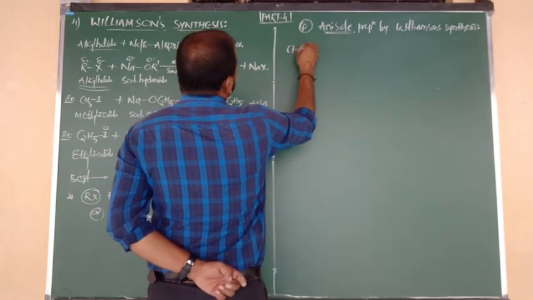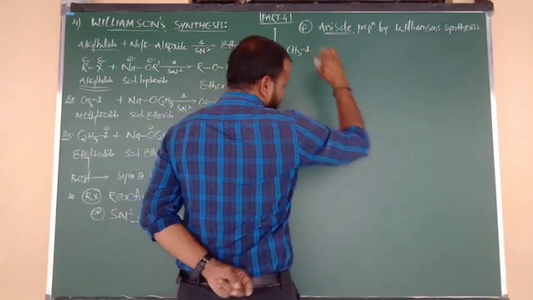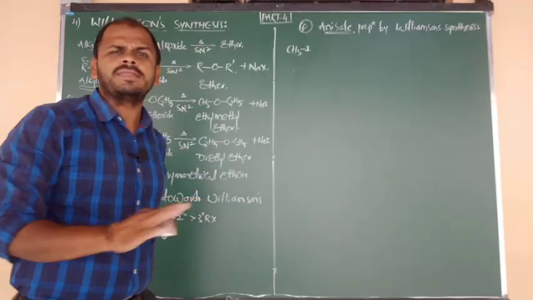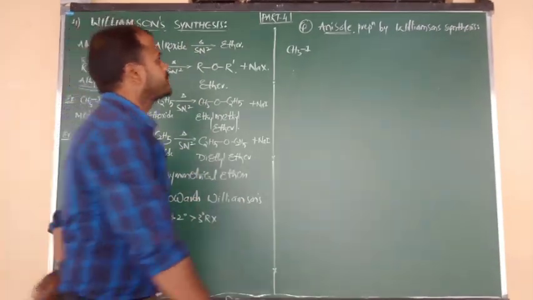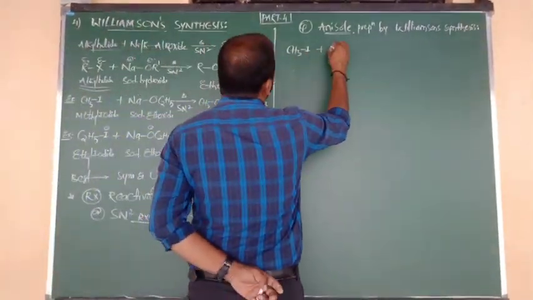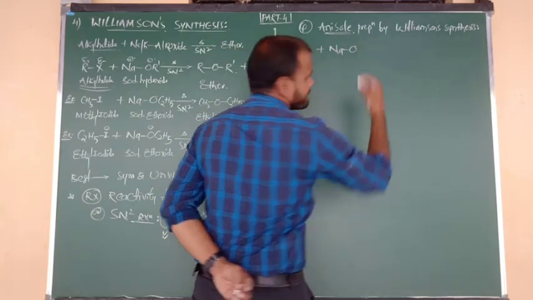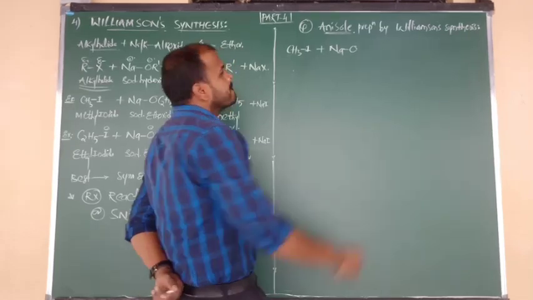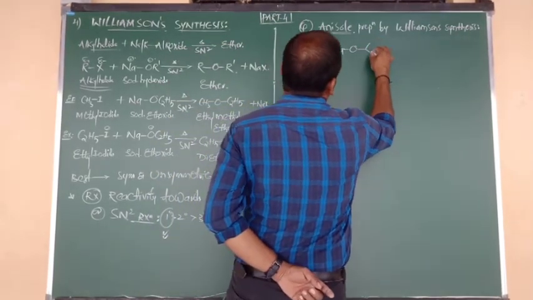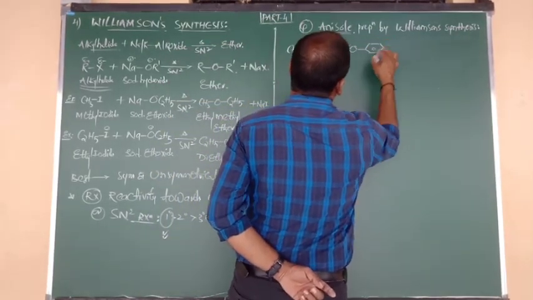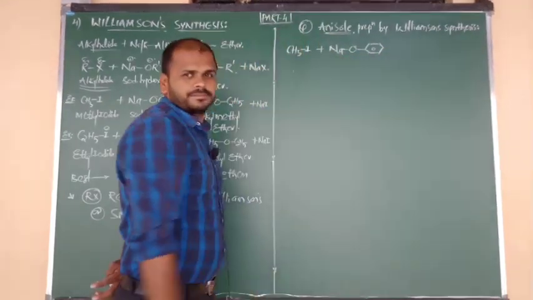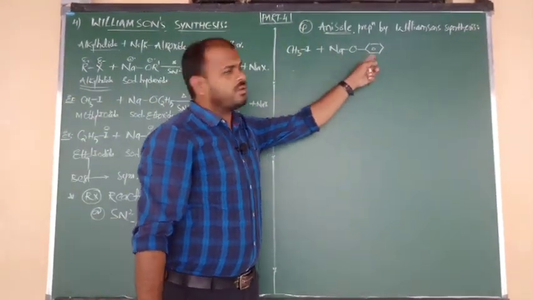First of all, I am going to consider methyl iodide, or you can consider methyl chloride or methyl bromide, no problem. Methyl iodide, you suppose now it undergoes reaction with sodium phenoxide, benzene bonded to ONa.